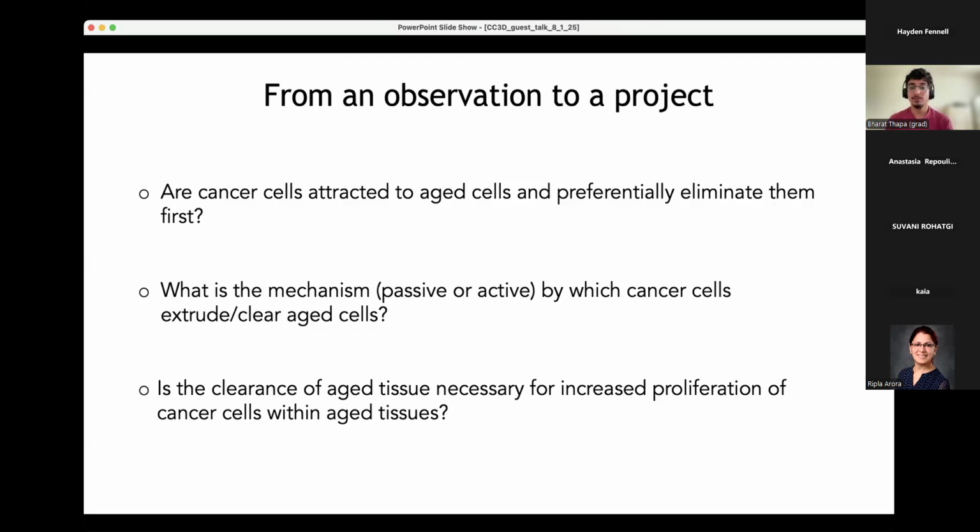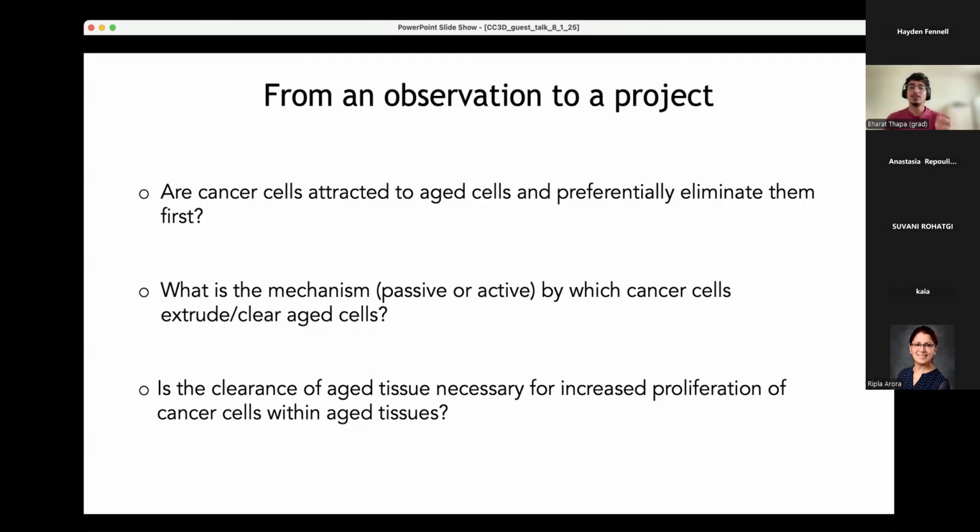Another question which was very interesting to me was that by that time I had started to read up on cancer cells eliminating other cells, or cell competition, and there are different pathways or modes by which cancer cells can do that. So I asked if cancer cells landing somewhere and just proliferating uncontrollably can lead to pressures and can lead to popping up of cells around it.